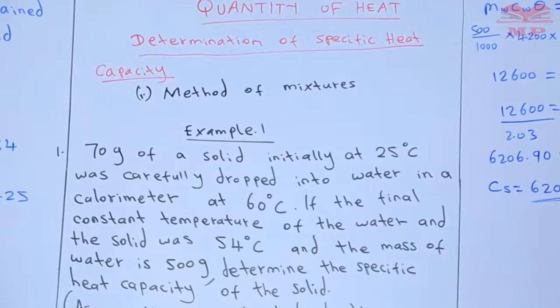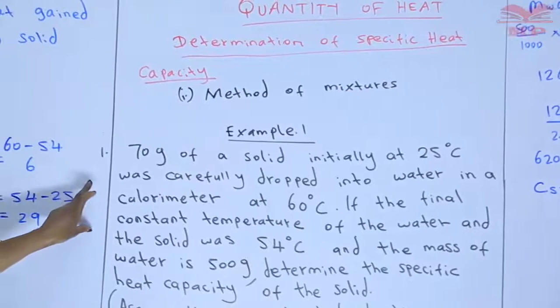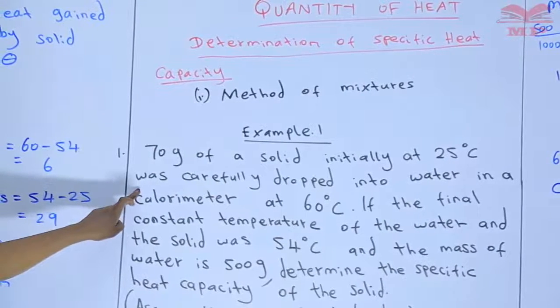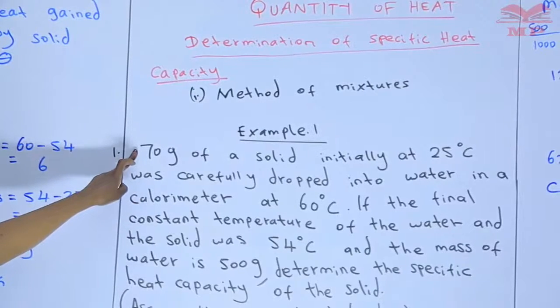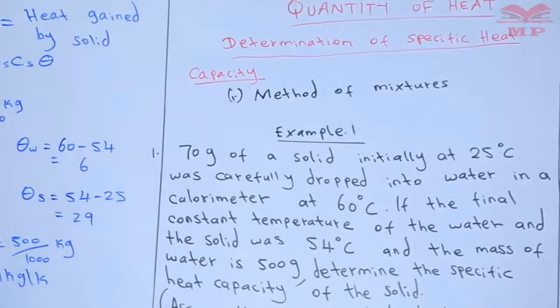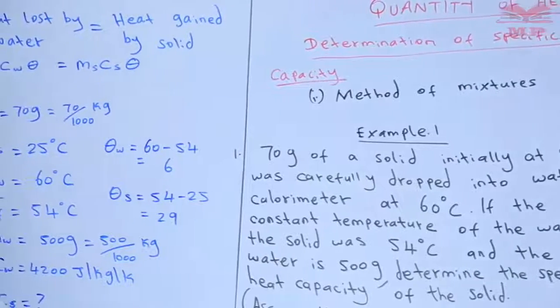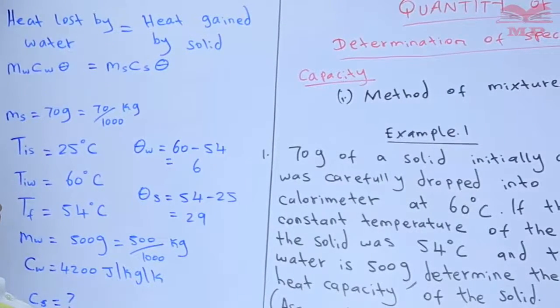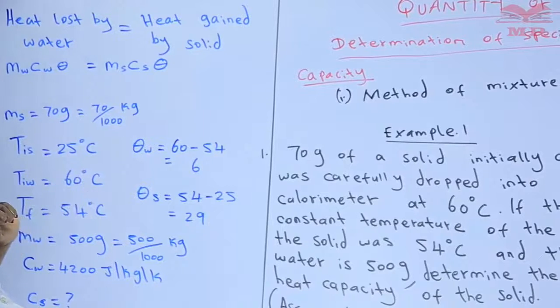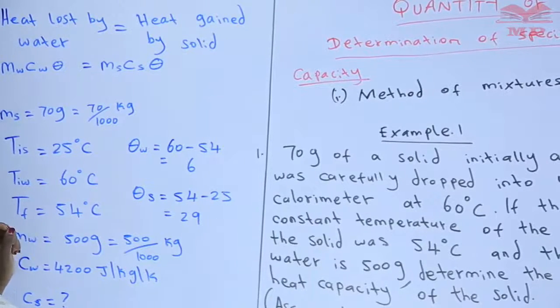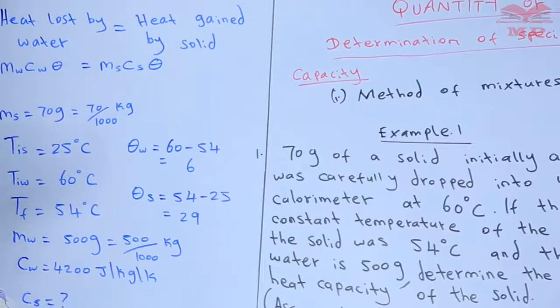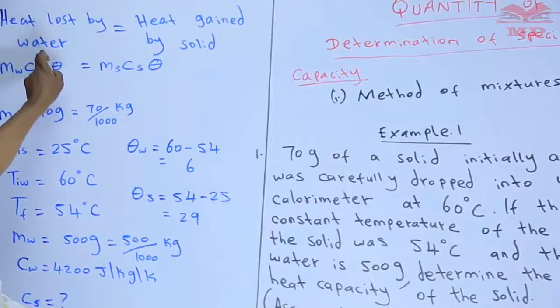Hoping that it's clear. So you need to note that here water is losing heat, and it is losing heat to the solid. So we are saying heat lost by water will be gained by the solid. So when that solid at 25 degrees Celsius is dropped into the water at 60 degrees Celsius, the final temperature becomes 54 degrees Celsius. So heat lost by water is equal to heat gained by the solid.